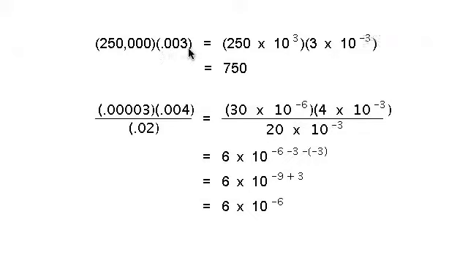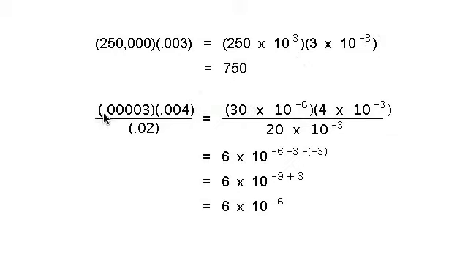Here we make this larger by 3 tens, so we have to divide by 3 tens to compensate, which this represents. And then we multiply the mantissas, 750, powers of 10, 10 to the 3 plus a minus 3. 3 plus a minus 3 is 0. 10 to the 0 is 1. Anything to the 0th power is 1.